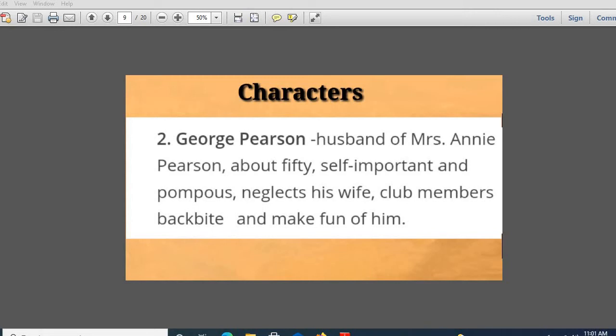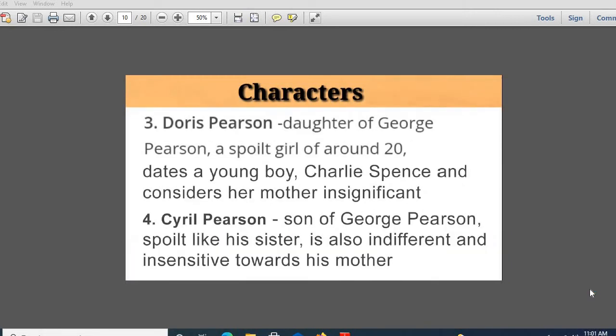Okay, so this is his character. We are moving on now to the characters of Doris Pearson and Cyril Pearson. Doris is obviously the daughter and Cyril is the son. Their mentality towards their mother is the same.